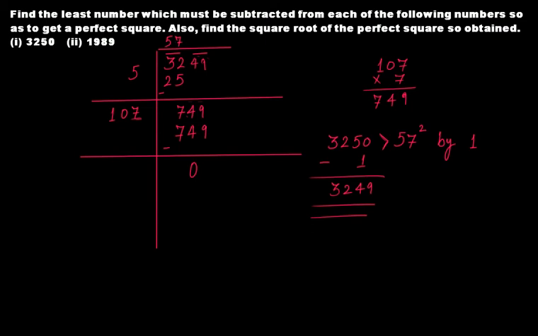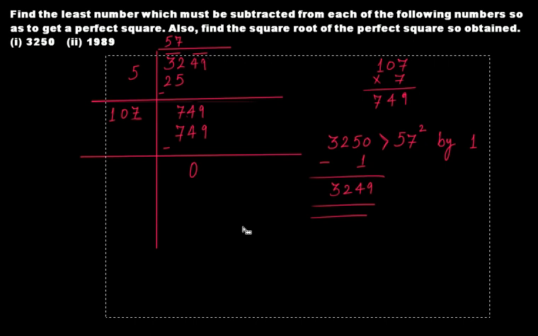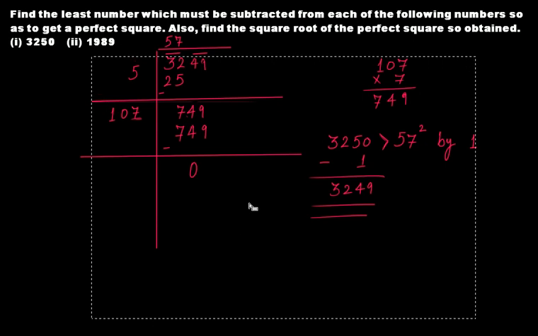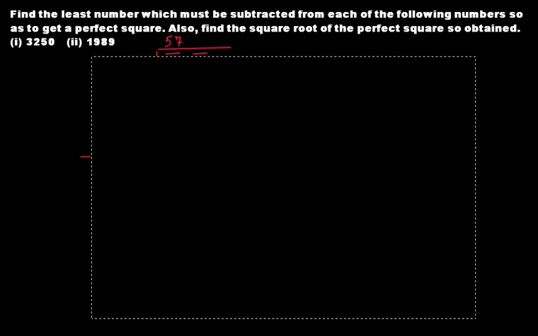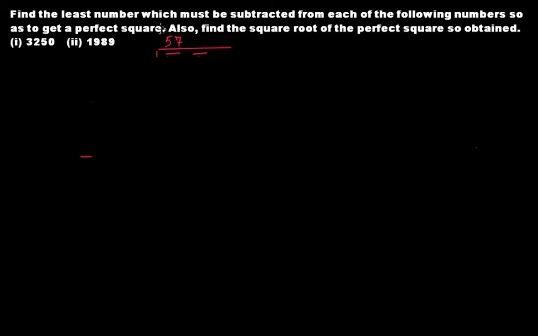Let's take this 1989. This is not a square number. Again, let's check for the remainder.